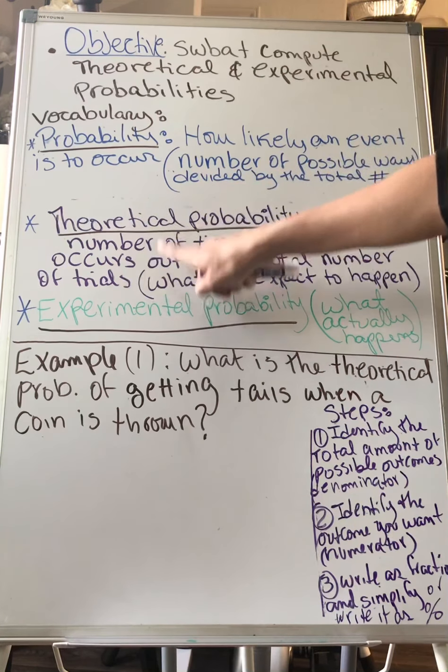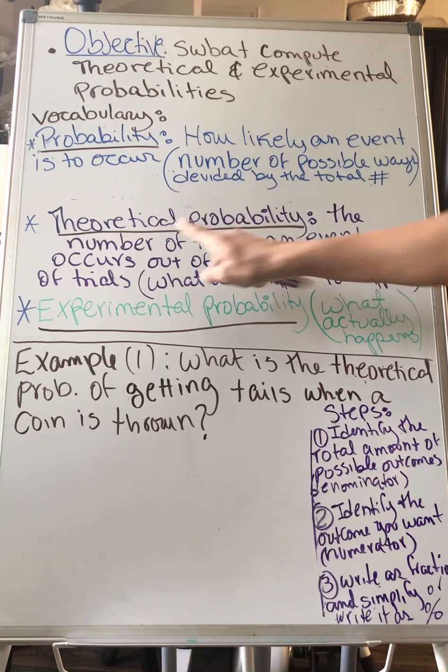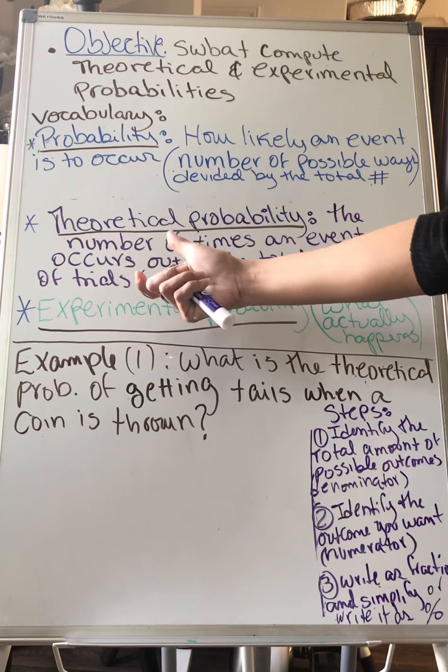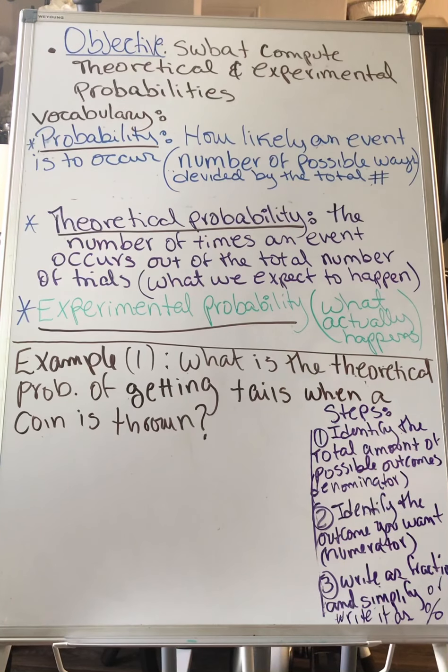When we talk about theoretical probability, it's going to be the number of times an event occurs out of the total number of trials. So it's still a fraction, but it's what we expect to happen based on theory or something that we might know, not based on an experiment that we're conducting ourselves.